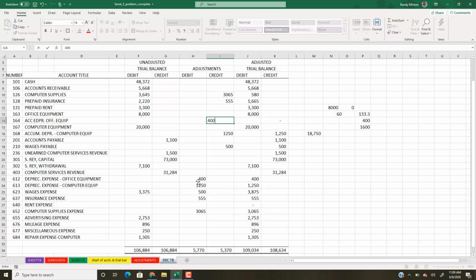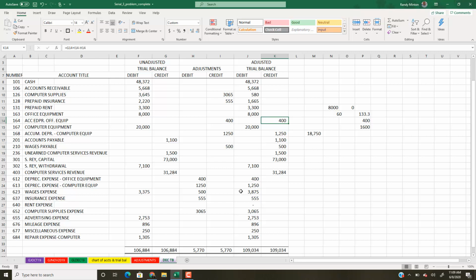All right, 400. There we go. And again, my net book value in this case is 7,600. It'll be this number minus this number. At the end of the first year, 2019, since I only got 3 months' worth, my net book value on this office equipment now is 7,600.